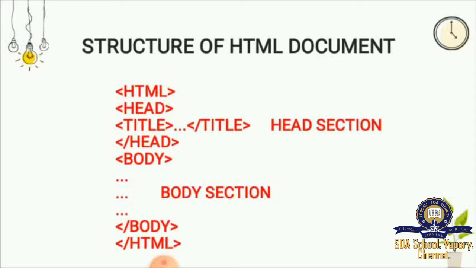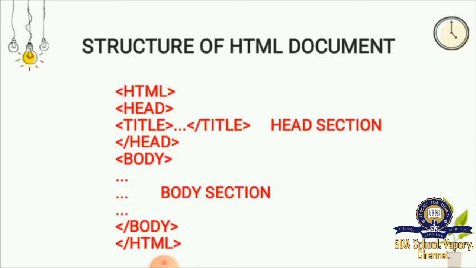I will repeat, students. The structure of an HTML document contains two sections: the head section and the body section. The head section contains several tags that specify important information about the web page such as title, keywords and description. The body section is the main section of the web page.